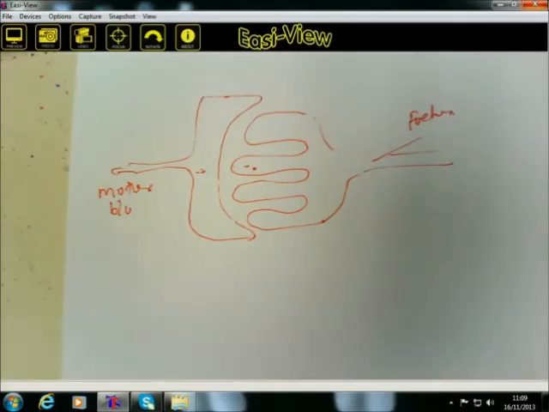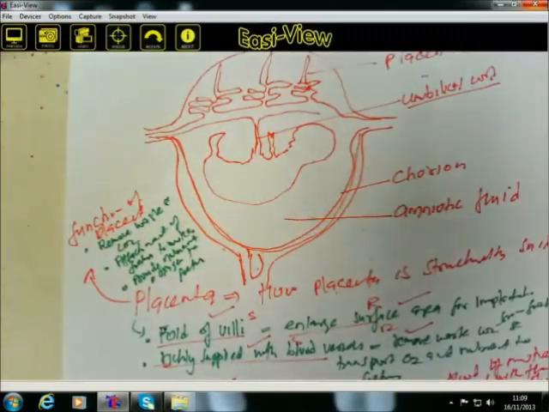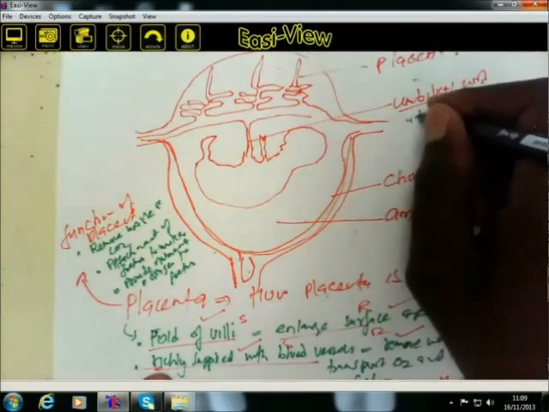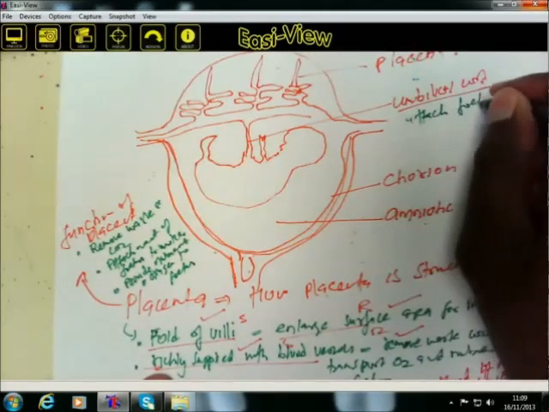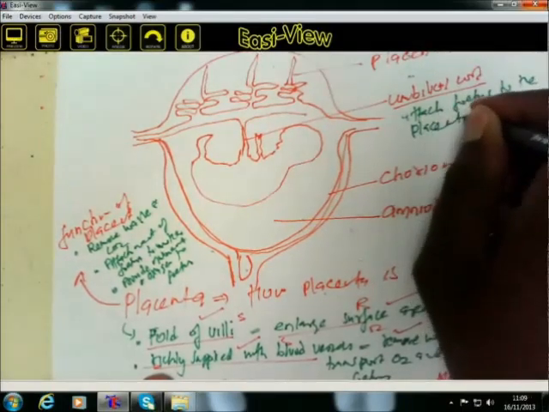Back to our discussion, let us look at the umbilical cord. The function of the umbilical cord is to attach the fetus to the placenta. Let us look at these two differences.